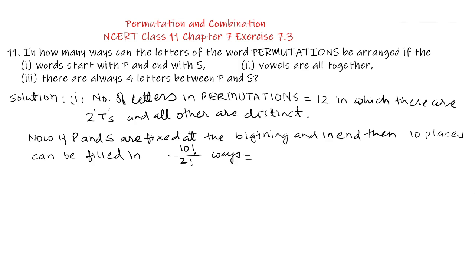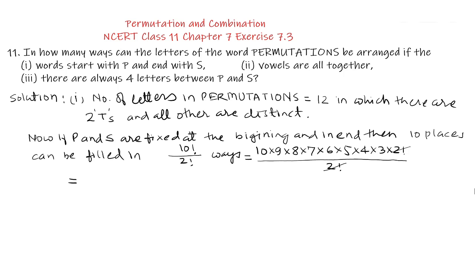This is equal to 10 multiplied by 9 multiplied by 8 multiplied by 7 multiplied by 6 multiplied by 5 multiplied by 4 multiplied by 3 multiplied by 2 factorial upon 2 factorial, and we cancel the 2 factorial of the denominator with the 2 factorial of the numerator.